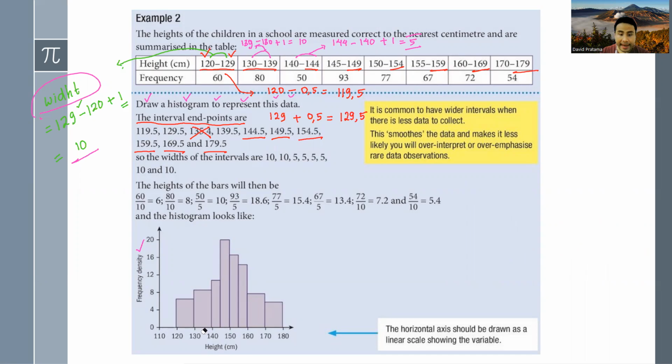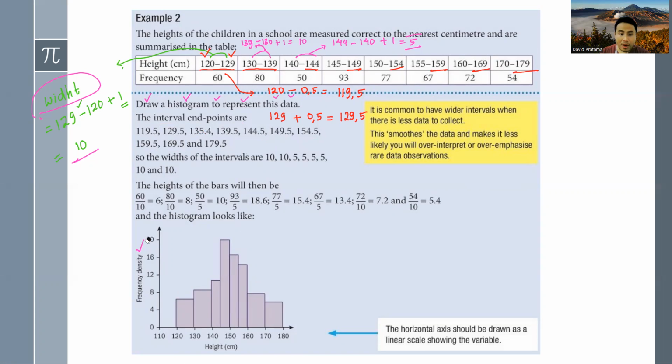Everyone look at the x-axis. 119.5 goes in this place, 129.5 in this place, 139.5 in this place, and 144.5 in this place. That's all for the x-axis.